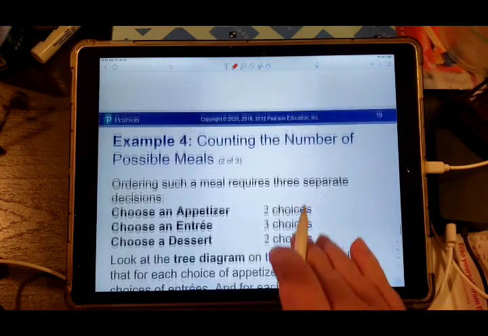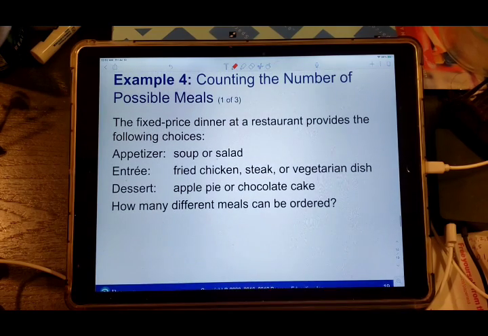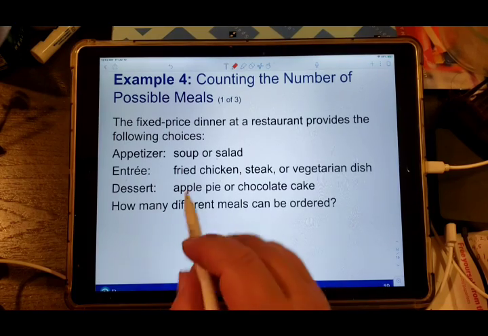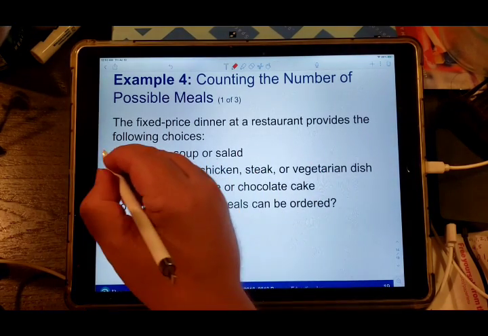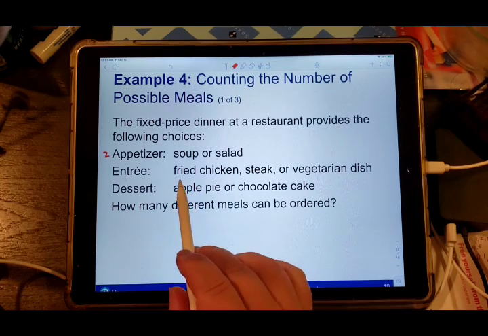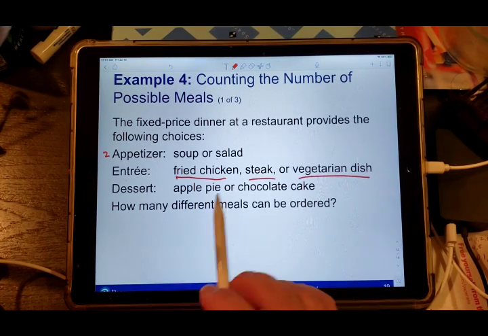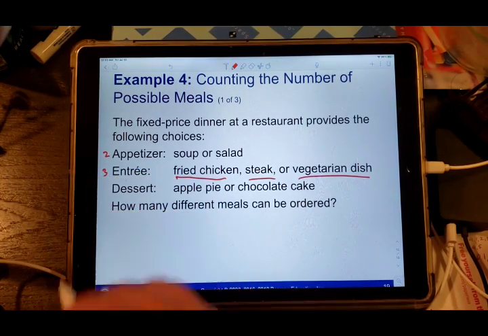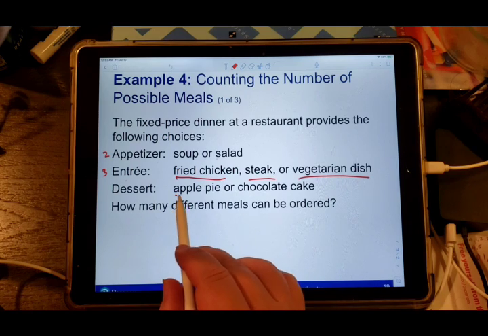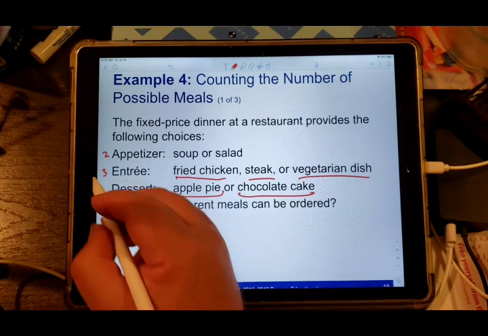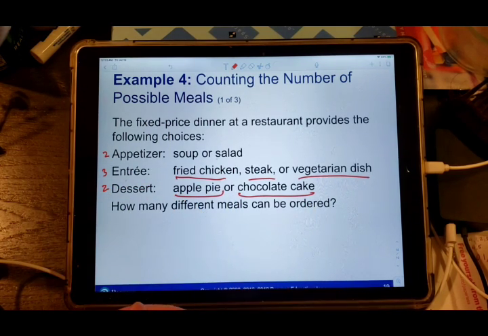So we didn't have that formula when they did this, so they spent a little bit more time with this. But you're at a fixed price dinner, and it provides the following. Super salad, so that's 2 choices. Entree, fried chicken, steak, vegetarian, 3 choices. For dessert, there's 2 choices. So this is what we mean by task.